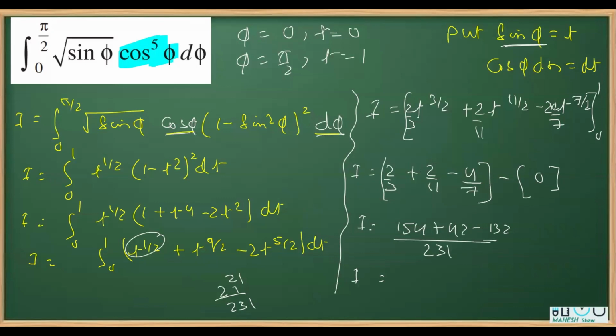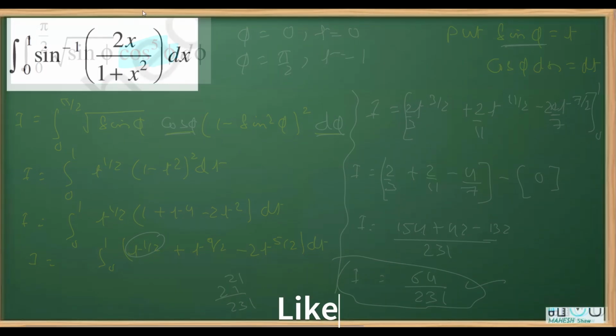So that comes out to be how much? 64 over 231 should be the final answer. Checking: 4 plus 2, 6 minus 2 is 4, 5 plus 4, 9 minus 3, 6. That's right. So this would be our final answer in this case.